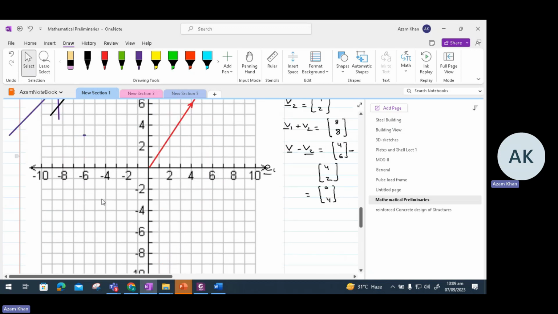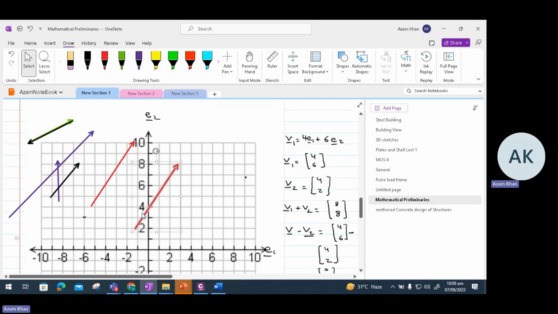Okay, now as we can see, one question might arise: why are we always bringing all the vectors first of all to the origin and then performing the operations like addition, subtraction, and multiplication and so on? Has it got to do with all the vectors always being at 0, or is there something else?